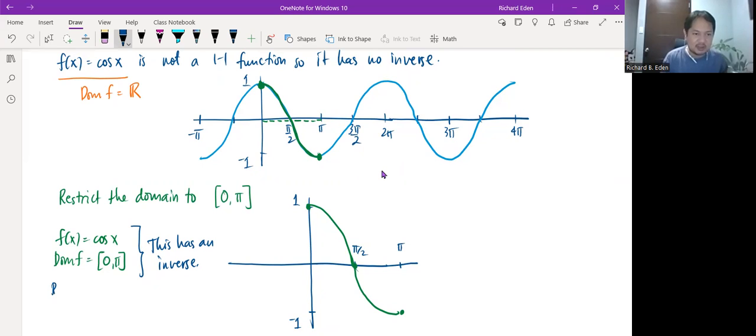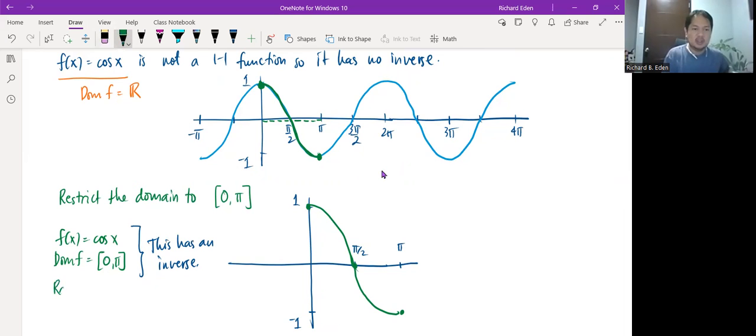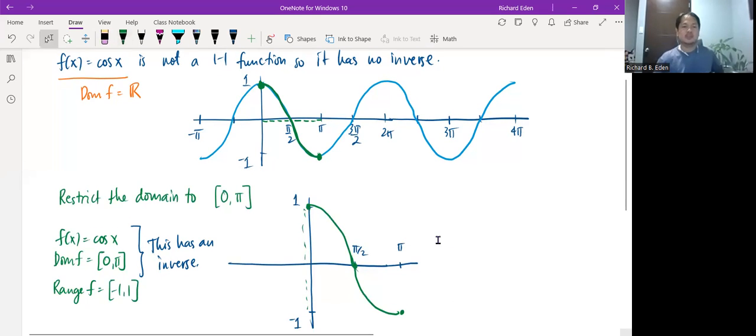But so it's clear, let me put here the range, also in green. Okay. The range of f is, so sa ano naman, makikita natin, nung shadow of the green graph on the y-axis start from -1 onwards to +1, so that's the range.